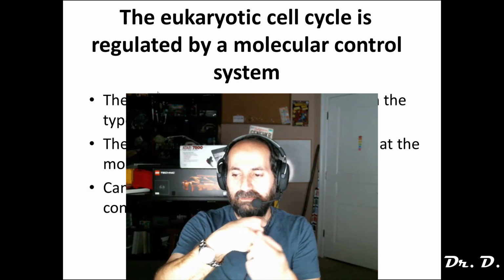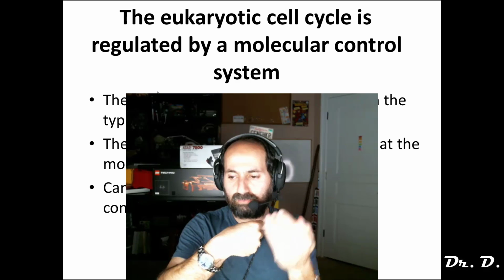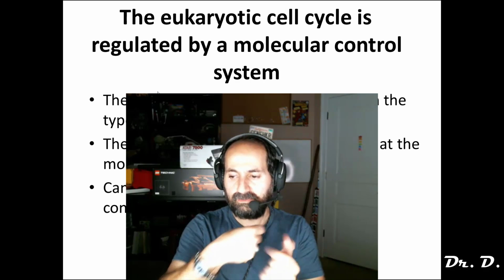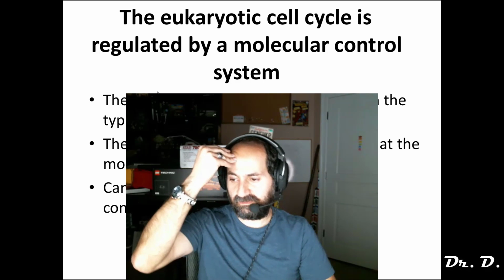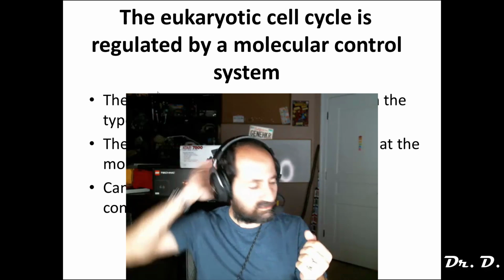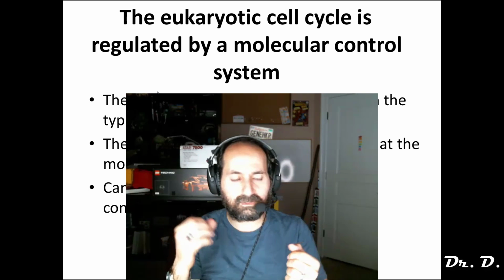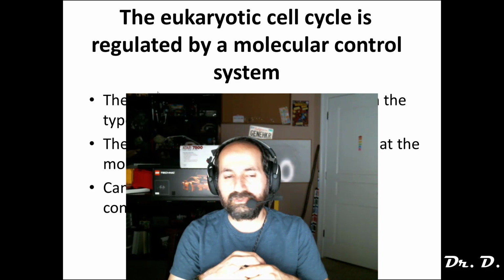How do your skin cells know what time is appropriate to divide? How do your brain cells know how often they should divide? How do your liver cells know how often they should divide? Well, it's all part of the cell cycle control system. You've got control mechanisms inside of your cell that regulate how often the cell divides.